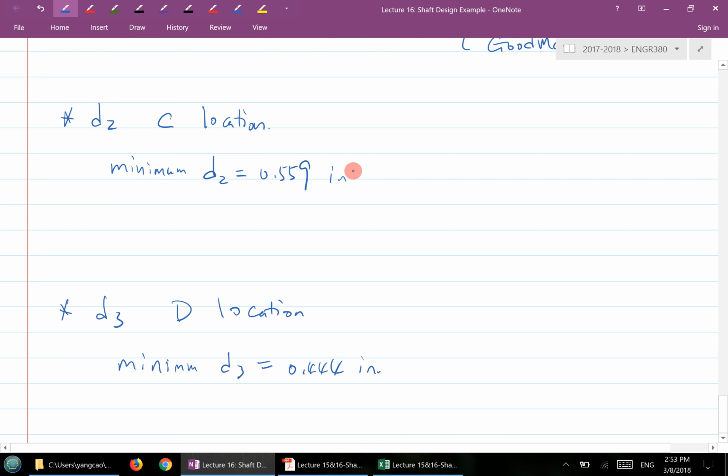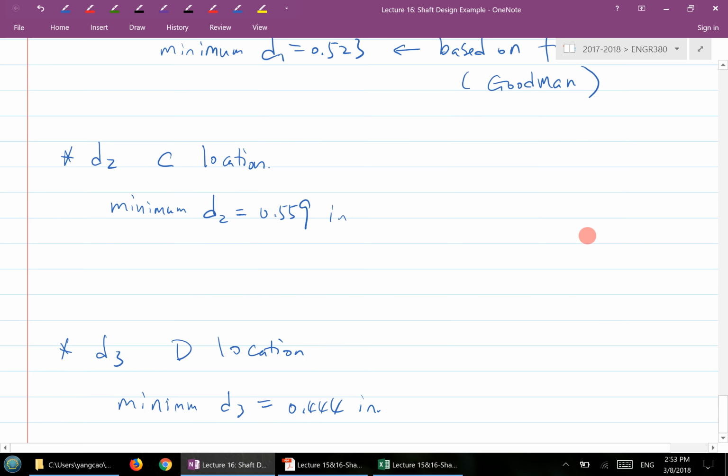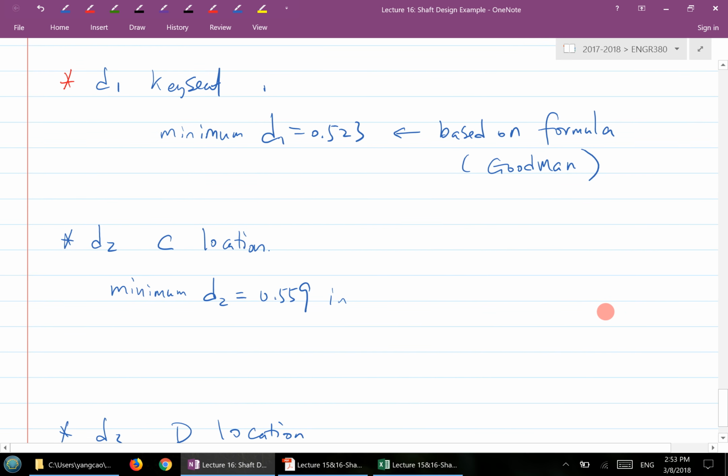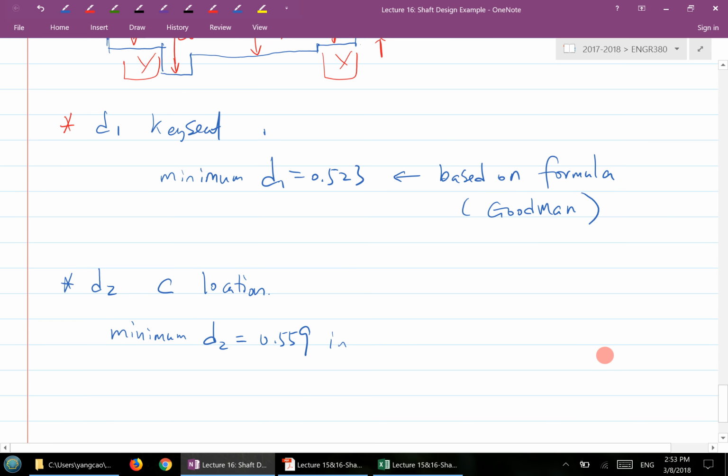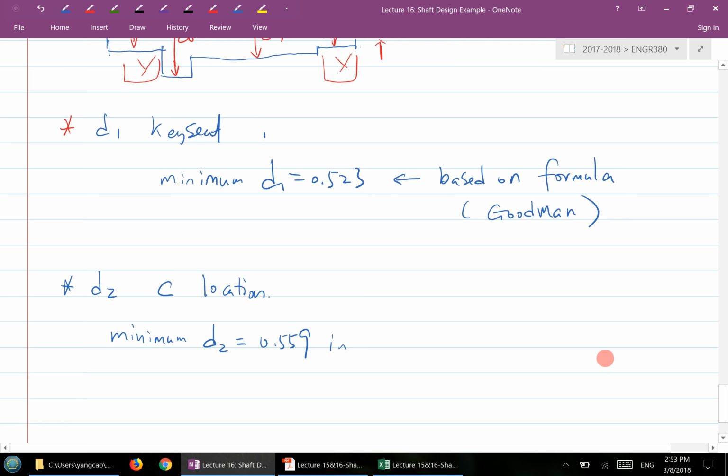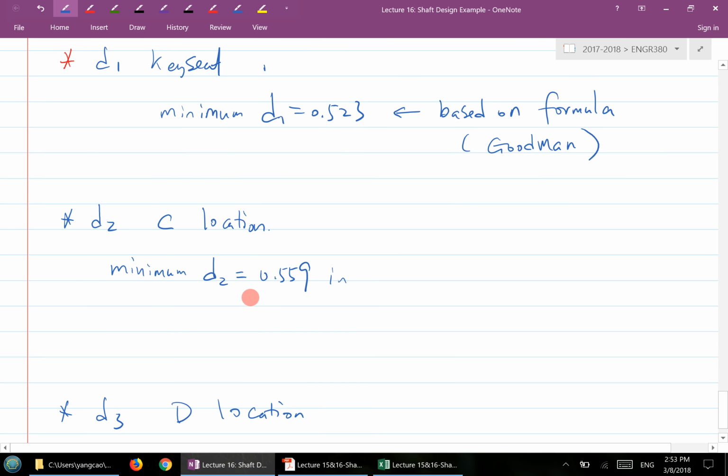So these are the three numbers based on purely theoretical calculation, minimum values. But we have to make a decision based not just on the theoretical calculation, but also on some other factors. For example, let's start from the C location.